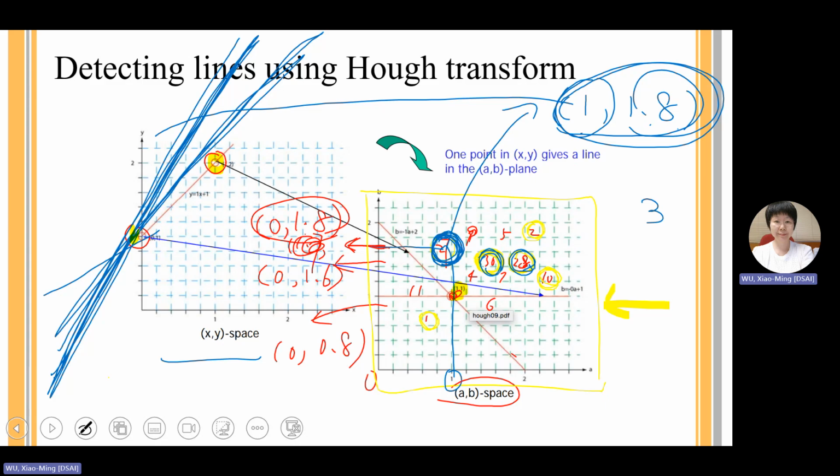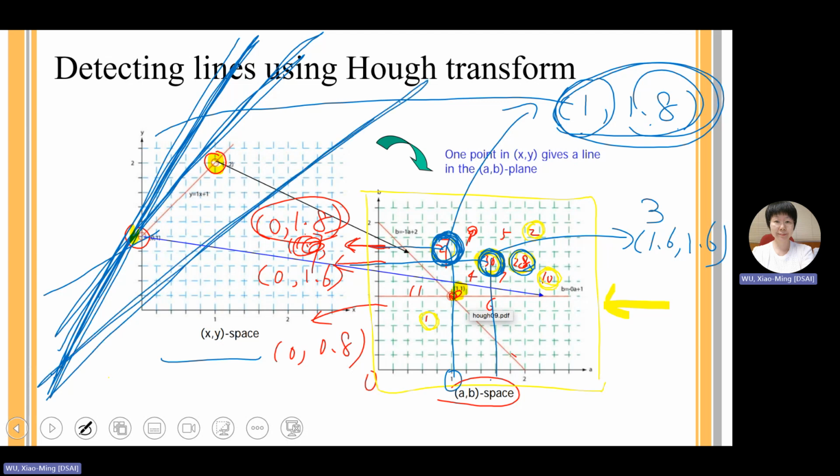And similarly, for the cell with 30, let's look at its AB value. A could be 1.6, and its B value could also be 1.6. So this cell corresponds to another line in the XY space.